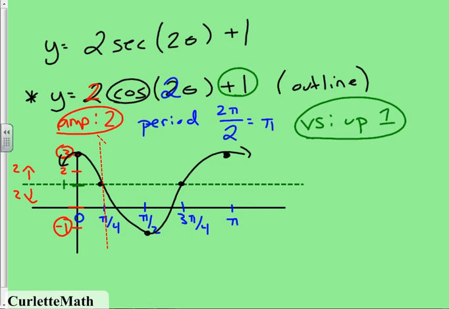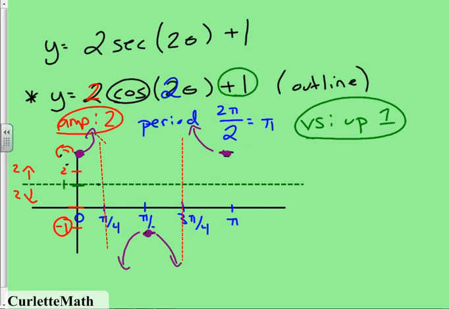So let me draw those in here. Now, what do we have left? Well, we have left just making our parabolas, going in the opposite direction of our outline of the cosine function. Now, I need to take my eraser and erase away my cosine function. So all I'm left with is the secant function.